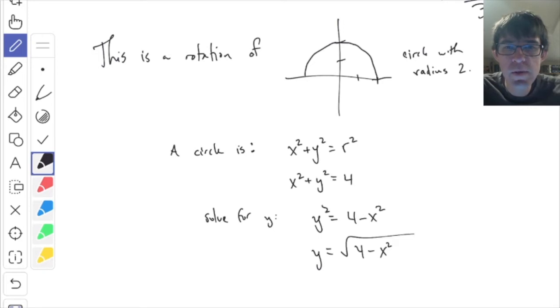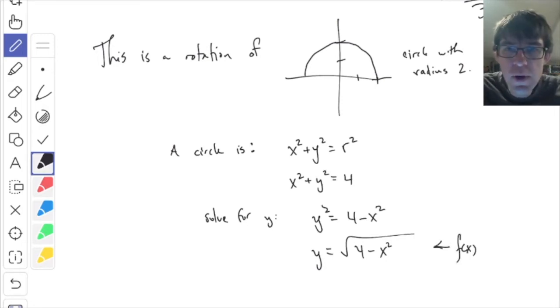Y is the square root of 4 minus x squared. This is the function we're going to use. Now, because I took the square root there, this is only going to give me the top half of the function, but that's fine. That's actually all I want in this example, is the top half of the circle. All right, so this is our f of x.